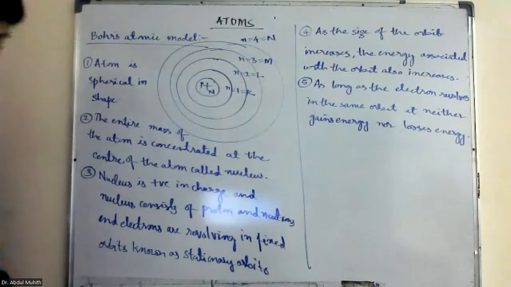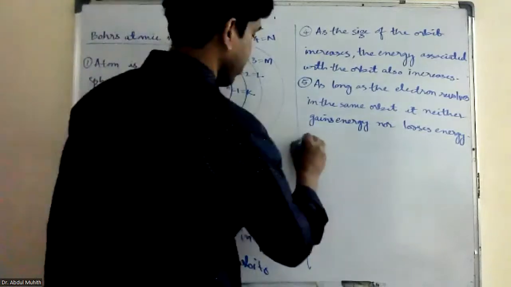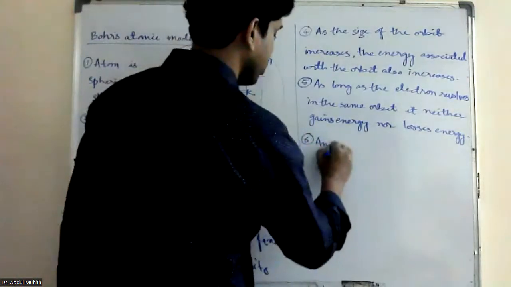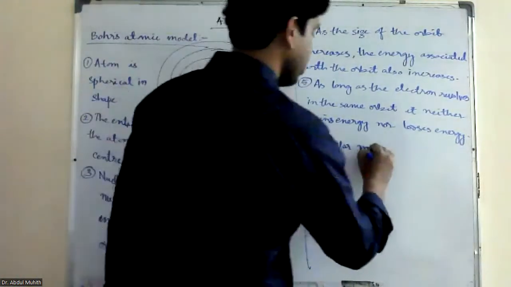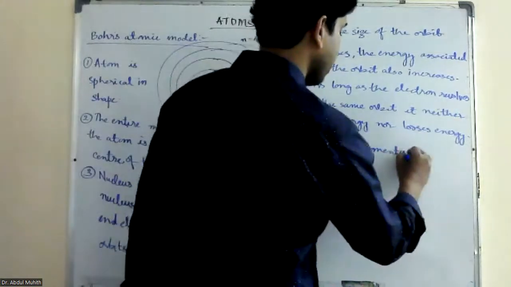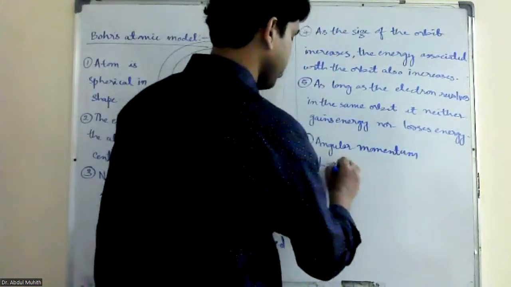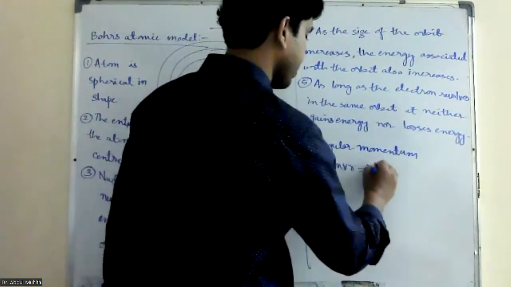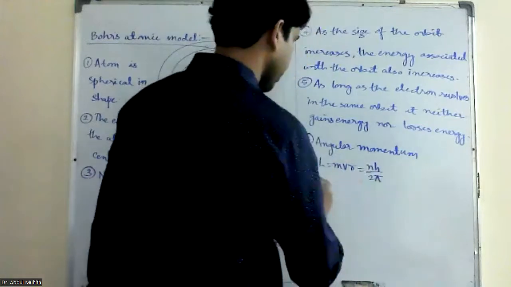And he gave the concept of angular momentum. So he says that electrons possess angular momentum. The angular momentum is given by L is equal to mvr, which is equal to nh by 2 pi.